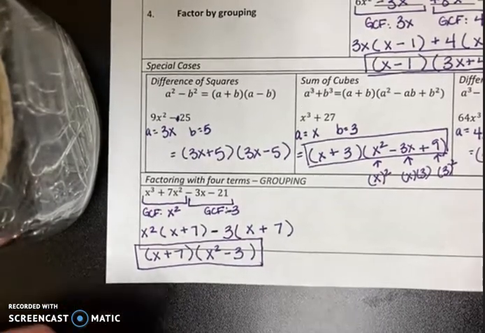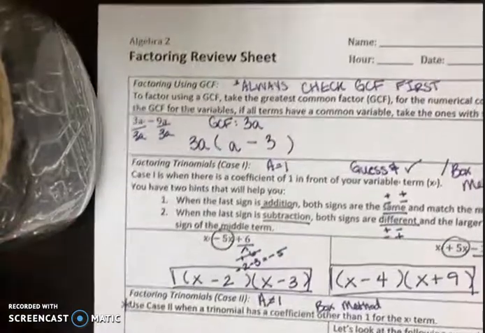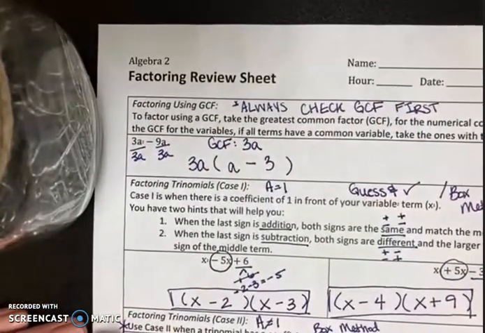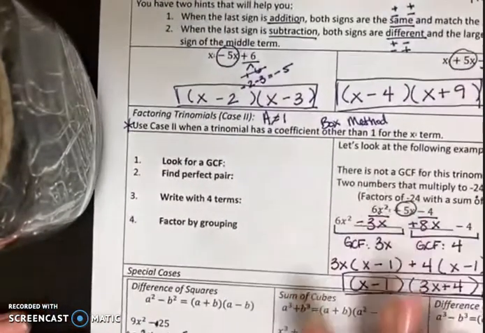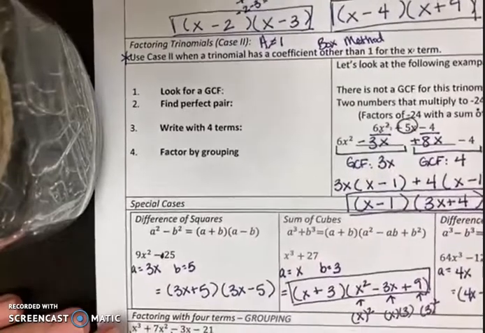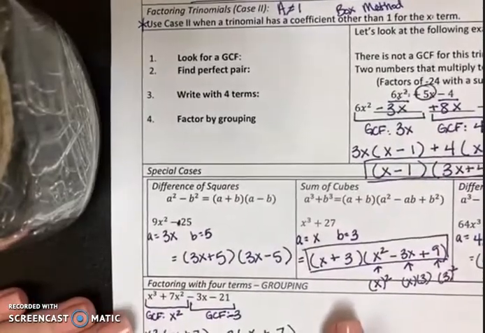Once again, I want to remind you that this was just a factoring review. The purpose was for me to go through and remind you of things that we've already learned.